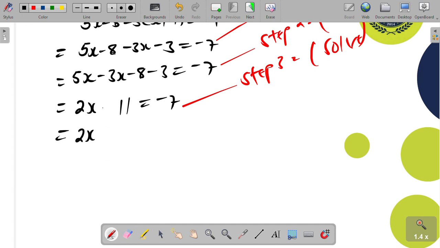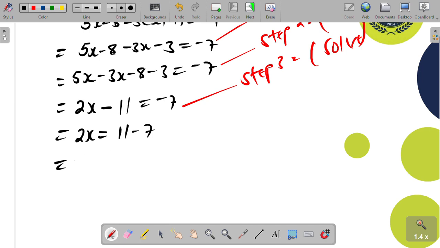So you must remember this. So when negative 11 crosses the equal sign to the other side, this negative will change to positive. So we'll have something like this: 11 minus 7.